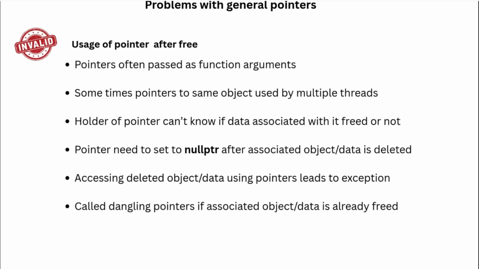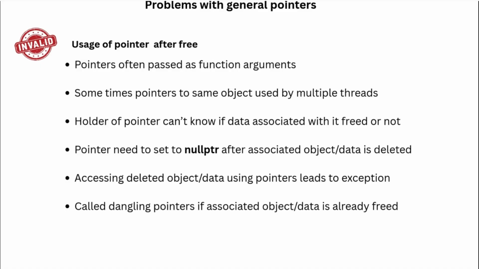But let's say one of the components, threads or functions deletes the pointer, but others who are holding that pointer never know that it got freed. Then if someone tries to access it, they will crash. That's why it is better practice, if it is a global pointer, to set it to nullptr in C++ or NULL in C whenever we free it.